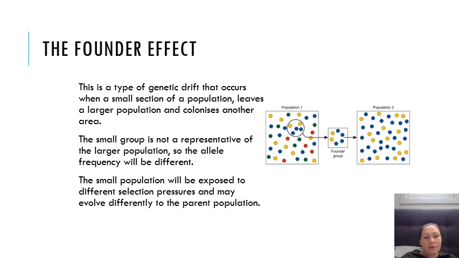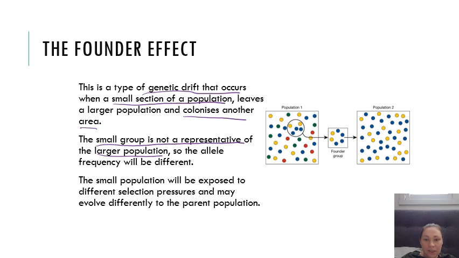We need to look at a couple of different theories or ways that this can occur. The first thing that we're going to look at is founder effect. This is a type of genetic drift that occurs when a small section of a population leaves a larger section and colonizes in another area. So the small group is not representative of the larger population.